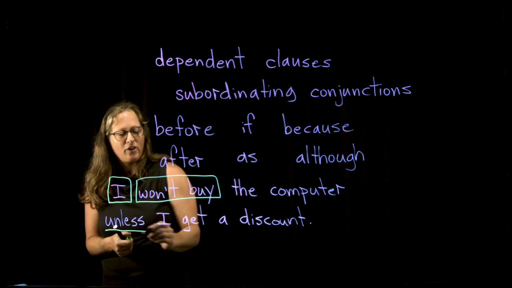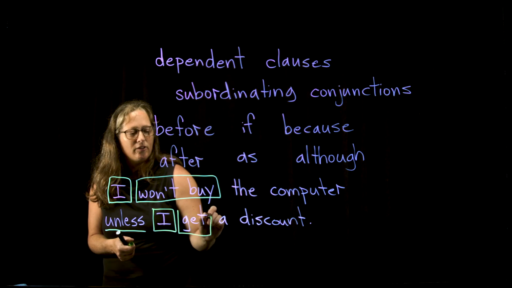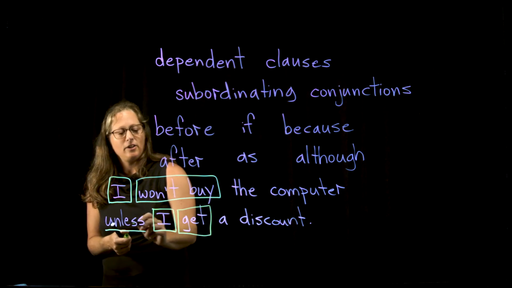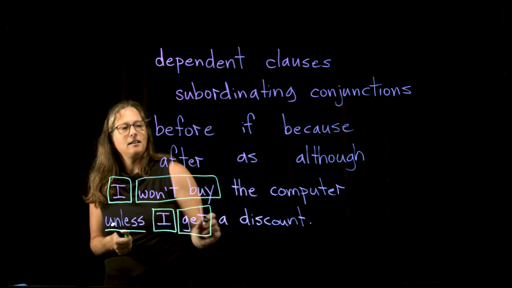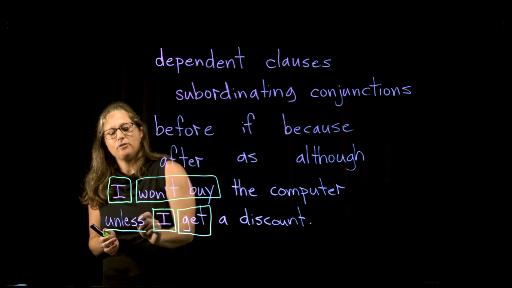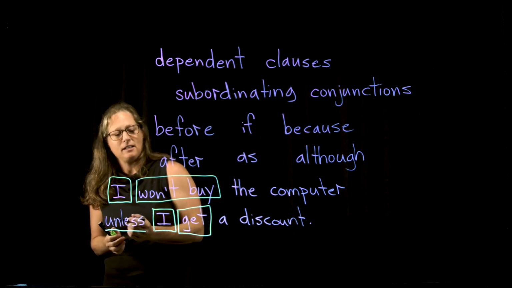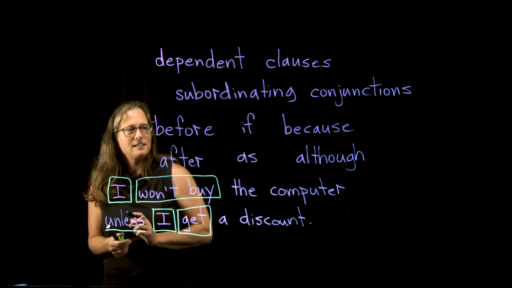It goes with what follows, and you have a subject and you have a verb. So here at the bottom, that's your dependent clause, and you can connect the two without any comma because you have the word right in the middle, and that shows us that you're connecting the independent to the dependent. So it's perfect just as it is.